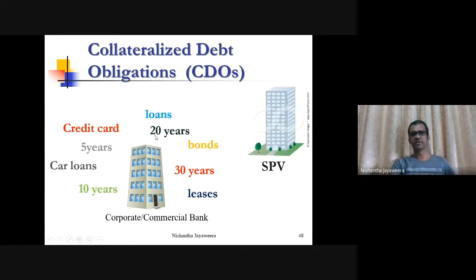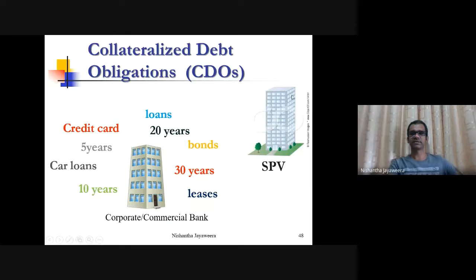So we call it bankruptcy remote. We transfer that risk to the SPV, so the commercial bank or this entity does not have any obligation on that ultimately. That has advantages and disadvantages too.